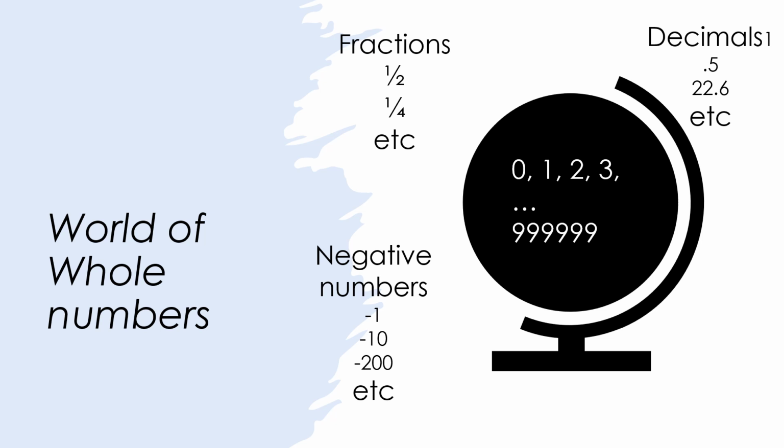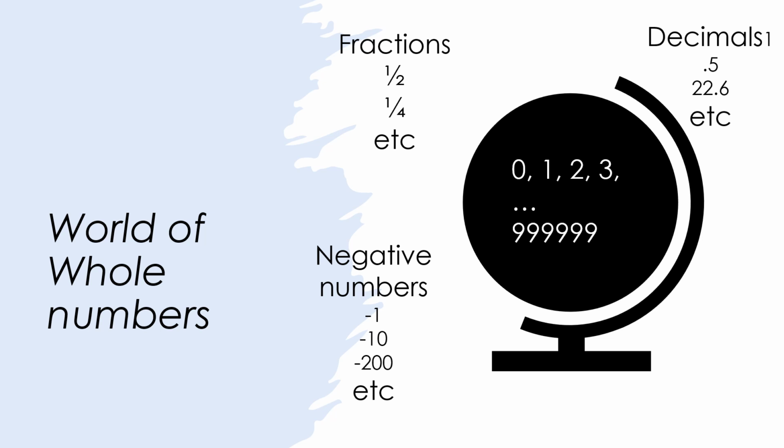Let us look at the world of whole numbers. What is in this world? Whole numbers start from 0 and go all the way up till you can count. So, what are not whole numbers? Fractions. You must have seen them.